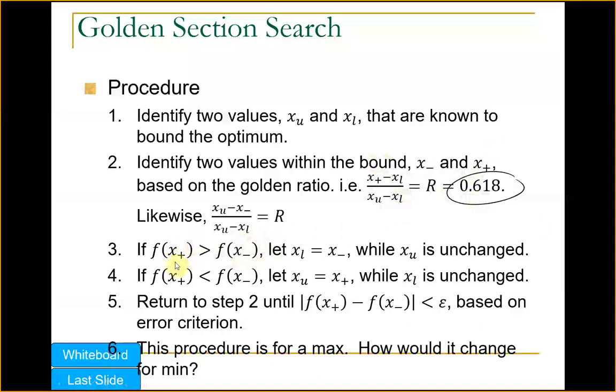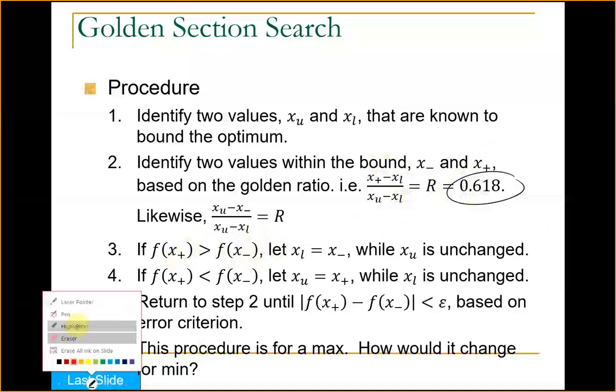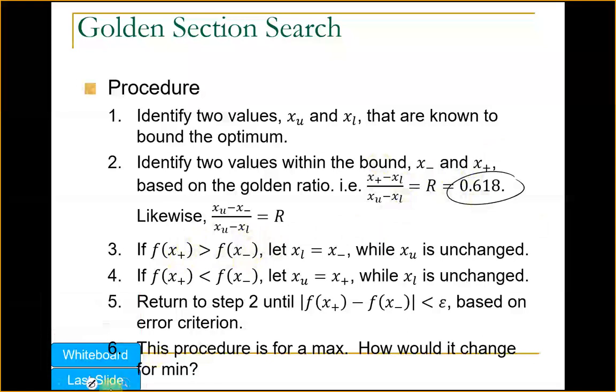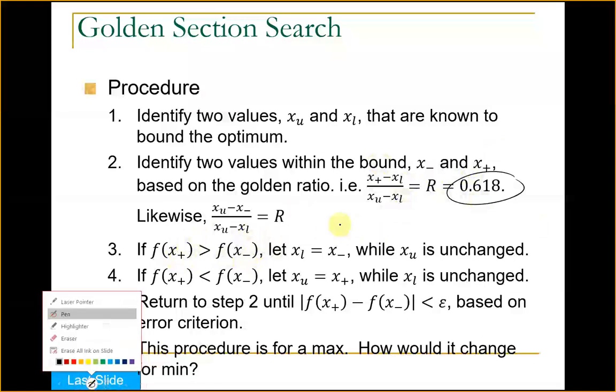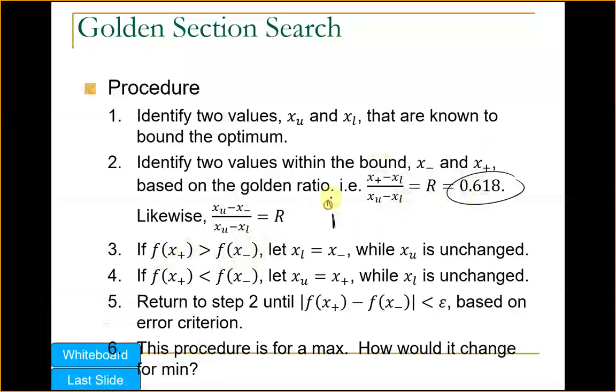Let me just draw it right here so we're clear. These are our bounds. So you have XL, you have XU, lower and upper, then we can call this X minus, and we call this one X plus.